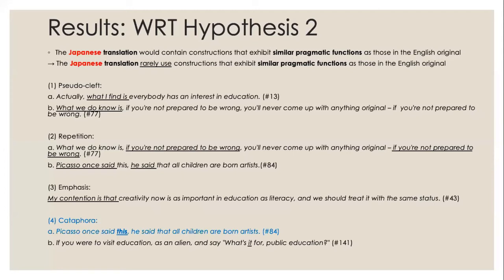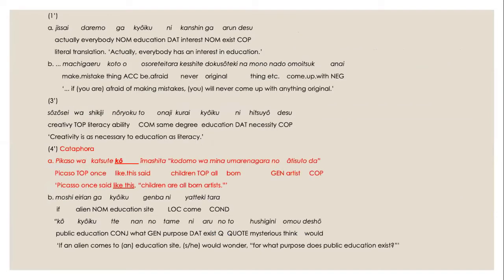That is, except for the translation of 4A, which uses cataphor to emphasize a quote from Picasso, none of the Japanese translations of the aforementioned English sentences 1 through 4 had structures that focus the whole or part of the sentence, emphasizing the speaker's claim. Actually, 4A was the only one which was translated with a construction with a focusing pragmatic function.